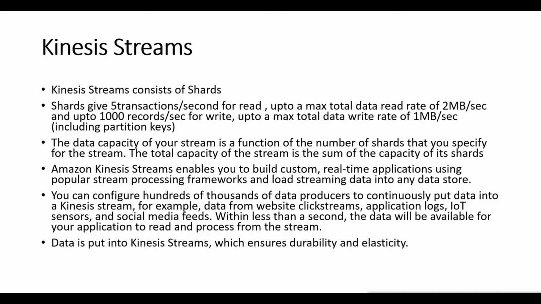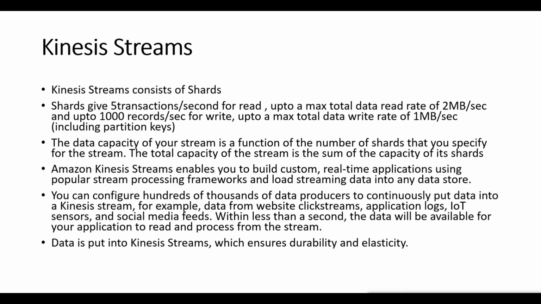Kinesis Streams consist of shards, and shards can give 5 transactions per second for read, up to a max total data read rate of 2 MB per second, and up to 1000 records per second for write, up to a max total data write rate of 1 MB per second, including partition keys.